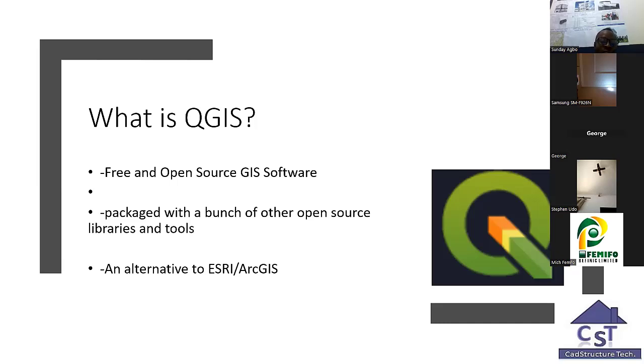And then another advantage is that it's packaged with a bunch of other open source libraries and tools. Now it comes with many other tools. For example, if you use SketchUp, you know that SketchUp comes with different plugins. You use plugins based on your field. So if you're a mechanical engineer, you get a plugin for SketchUp, maybe for piping and all that.